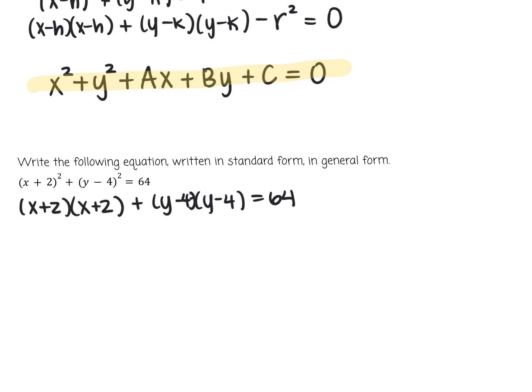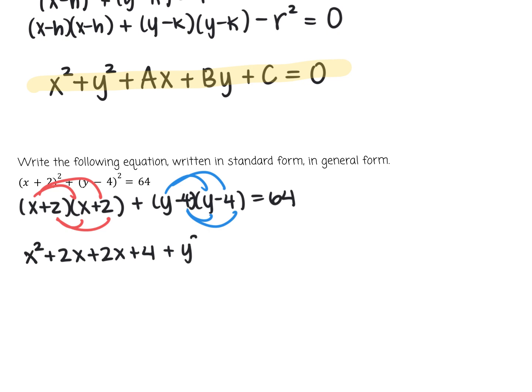My next step is to distribute in each set of parentheses. So we're going to get x squared plus 2x plus 2x plus 4 plus y squared minus 4y minus 4y plus 16 equals 64.